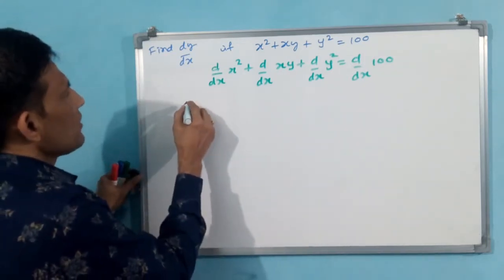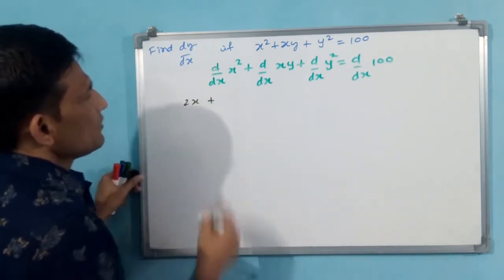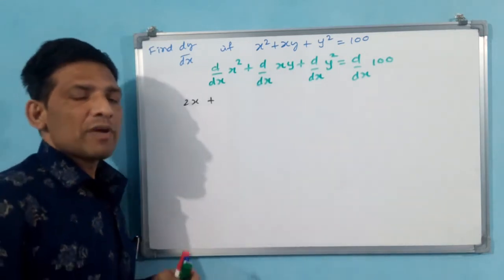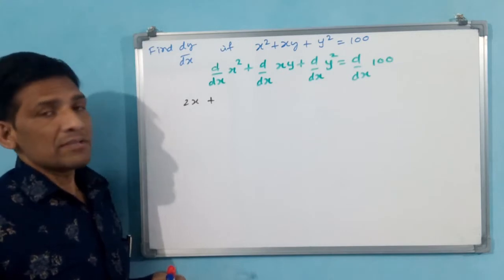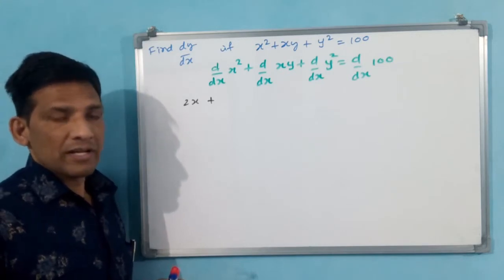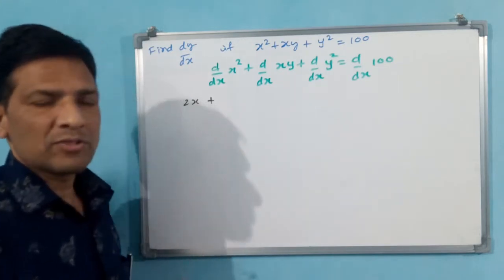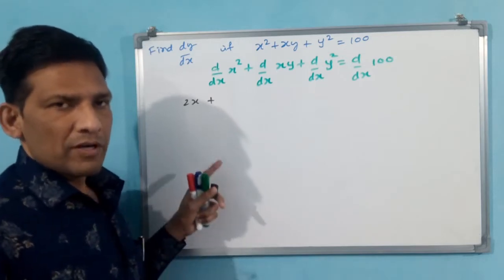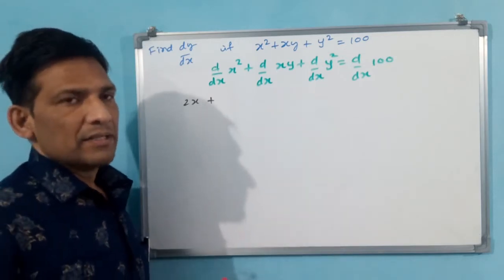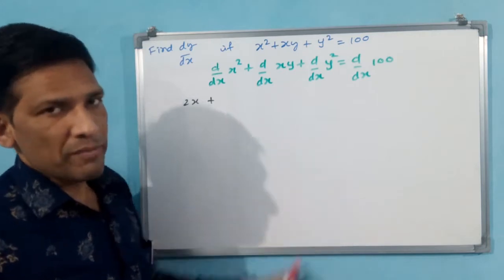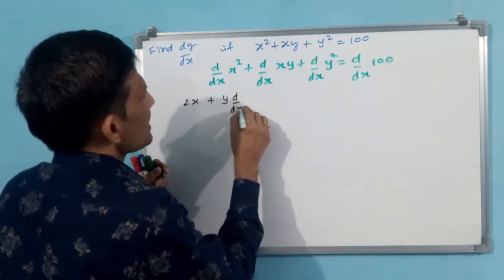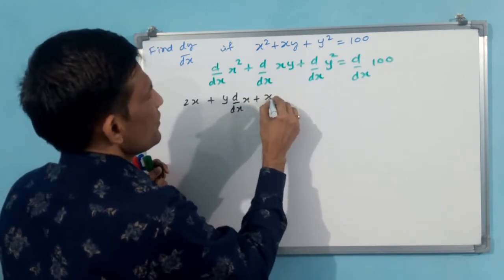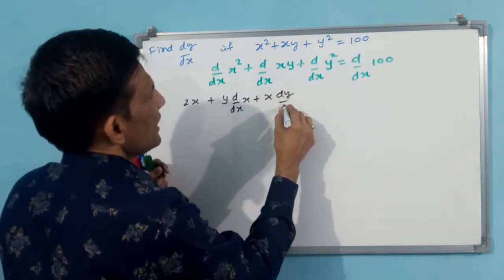d/dx of x square is equal to 2x, plus you see d/dx of xy means what? d/dx of x into y. Here y is not a constant. d/dx of x into y means d/dx of u into v, like v du/dx plus u dv/dx.